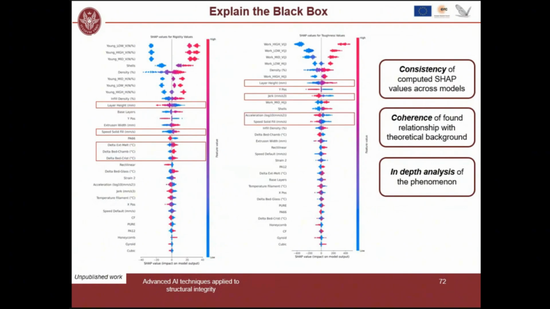And essentially, the same thing happens for the toughness, but it's different here. Here, for high layer height, we have a high toughness, and for very small values of acceleration, of speed, and of jerk. The jerk is essentially something related to the derivative of the acceleration.